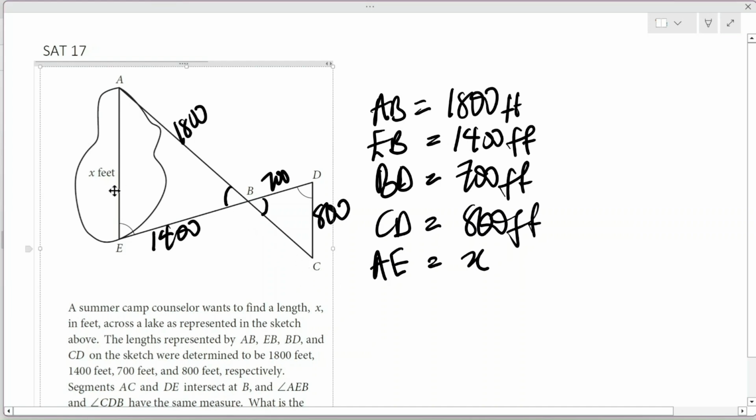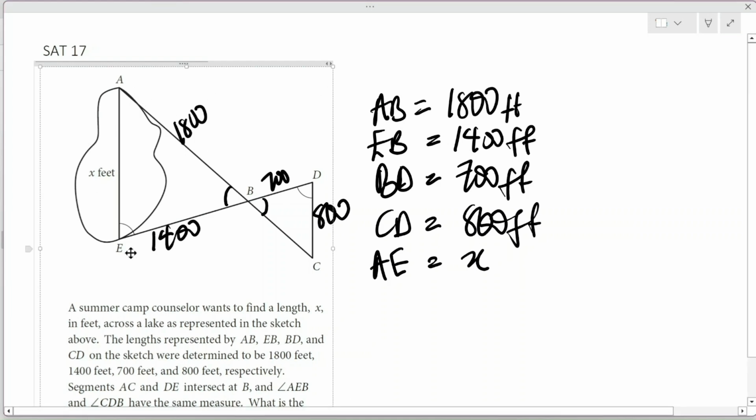That would leave us with two unknowns. But EB is 1,400 and BD, which is similar to it, also has a value. We can use these two with DC similar to AE to find the value of x in feet.